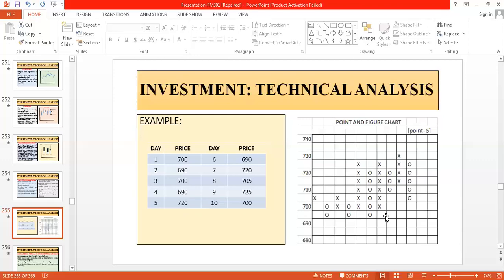Six 5-point decrease is there. Similarly, you can do the remaining calculations and it will give you an idea of how many points increase or decrease has taken place on a particular day in comparison with the previous day's figure.